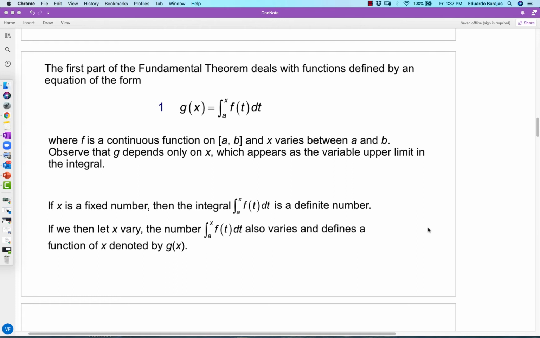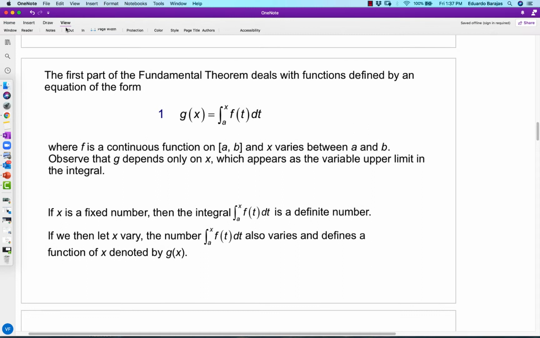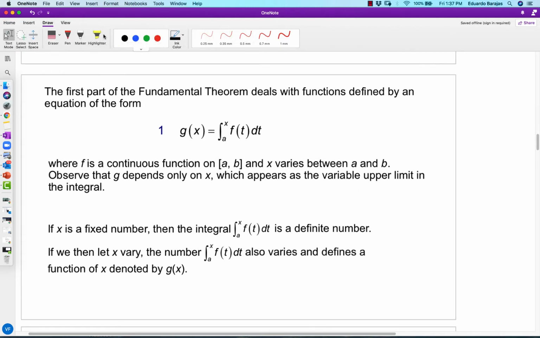So the function g is a function of x, which appears as the variable in the upper limit of the integral. So the variable is this x value right there. It's tempting to think that this f of t dt is some sort of a variable here, but it's not.